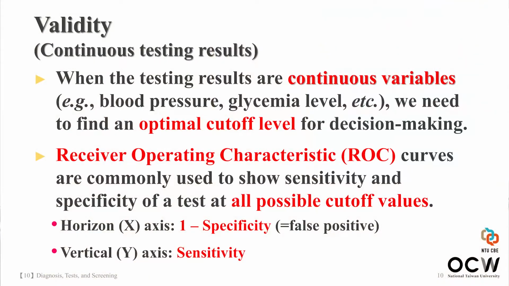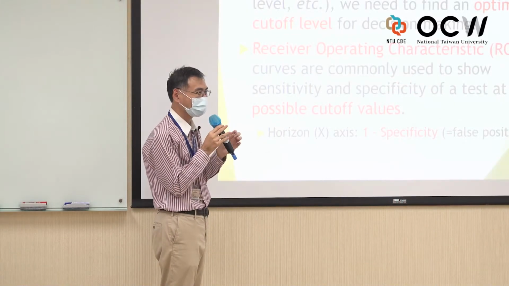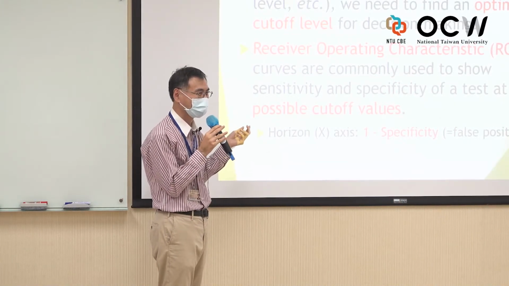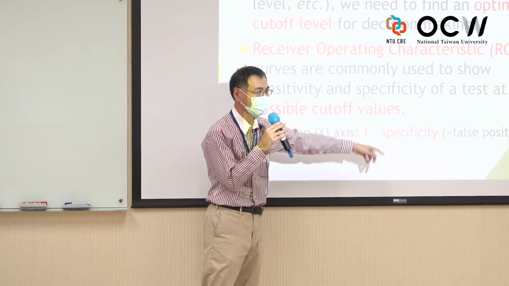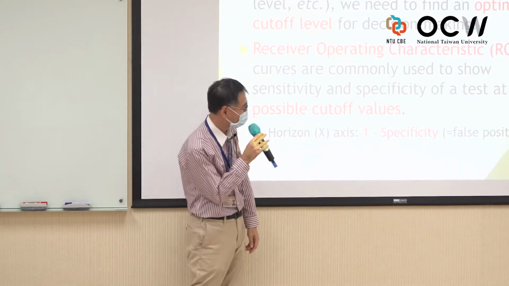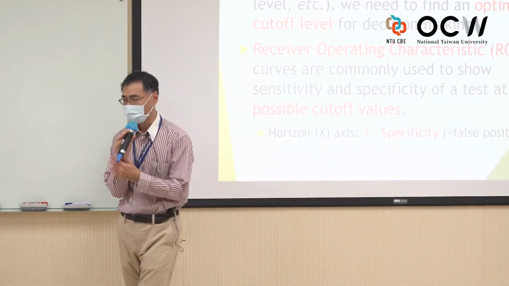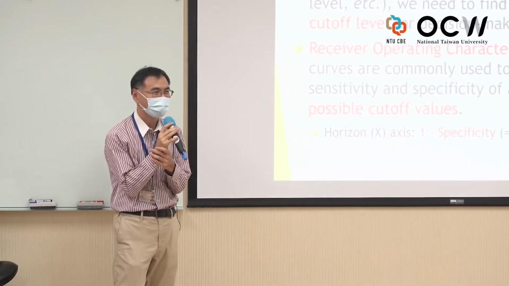Then the horizontal axis, or x-axis, is 1 minus specificity, or false positive. That's weird because we are talking about sensitivity and specificity. But why is it 1 minus specificity, which is showing the false positive? Because that's part of the tradition.